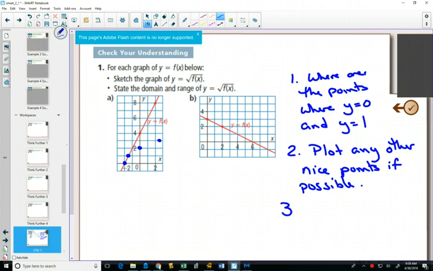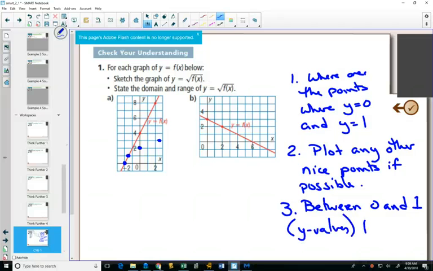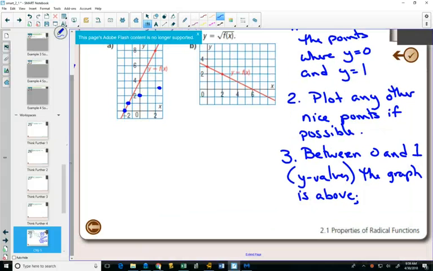Step 3. Between 0 and 1, and again, that's your y values, between 0 and 1, the graph is above.